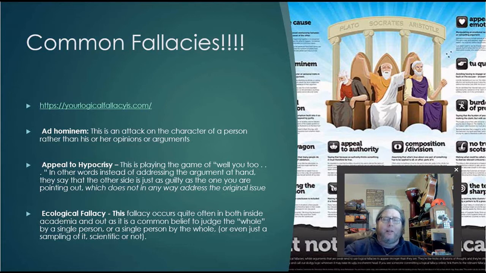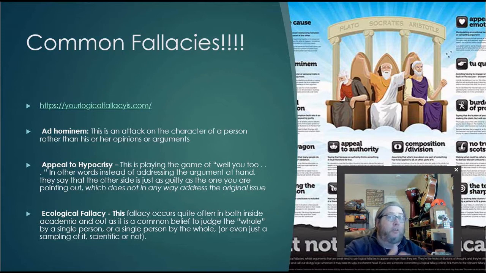Basically, calling the other person hypocritical for acting the same way in a previous instance. And the truth of the matter is they can be hypocritical. That is not a disproving argument. The person being hypocritical does not dispute or disprove what the first person said. The first person said the person was cheating on a test, and you did not disprove it by just simply saying they're being hypocritical about it.